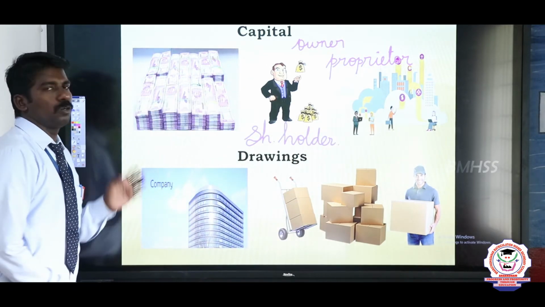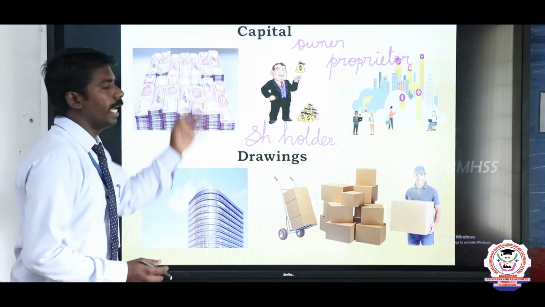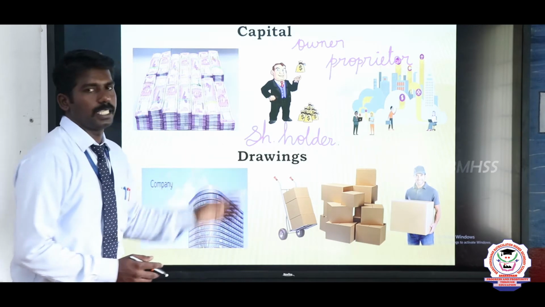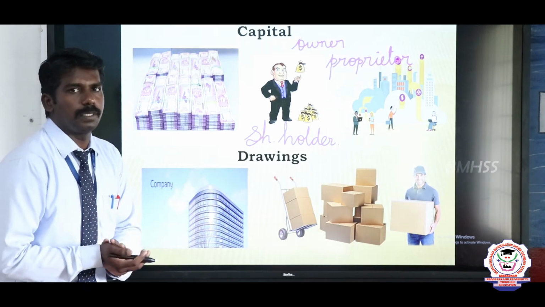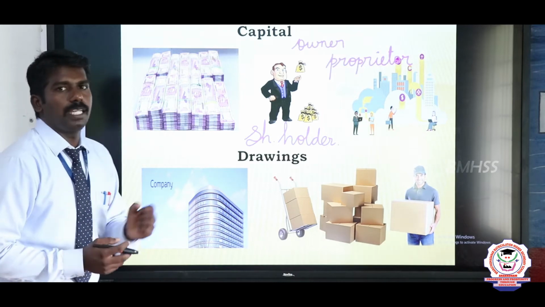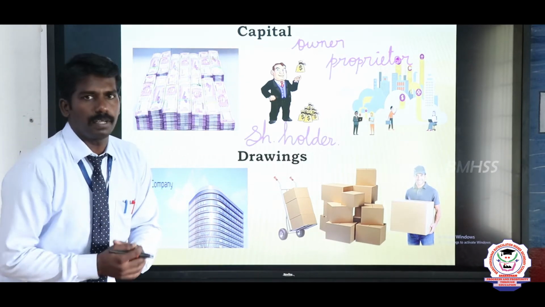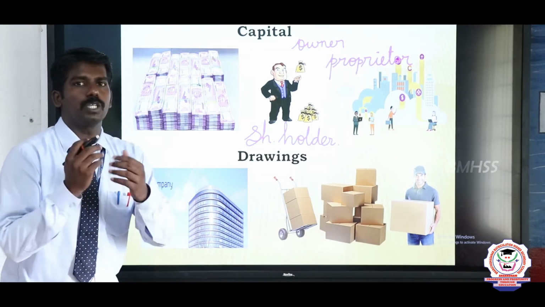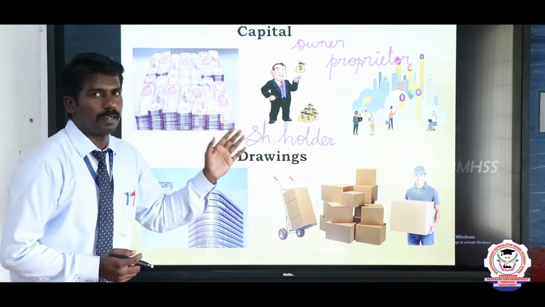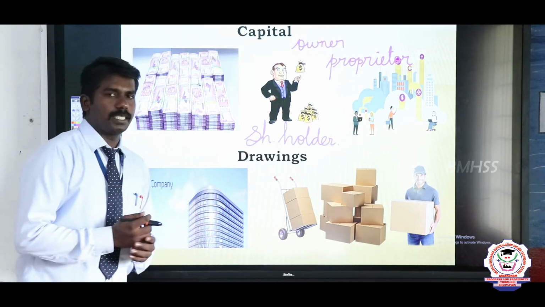The person who gives money to the company as capital is called owner or proprietor or shareholder based on the type of business they undertake. So, capital is the money which is needed to start up a company.